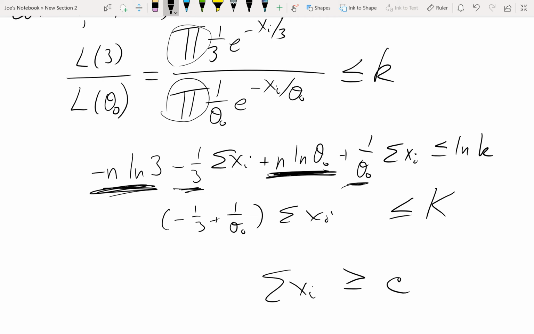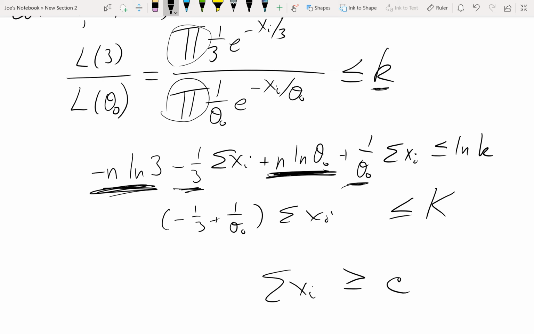Great. So notice that, again, the whole point of this was I wanted to get to the point where it didn't matter what the theta naught was to find the critical region, which I did, right? Doesn't matter what the theta naught is, I get the same form of the critical region. Now, of course, what the value of that k would be depends on what the theta naught is, right?